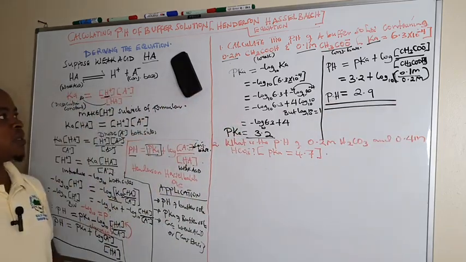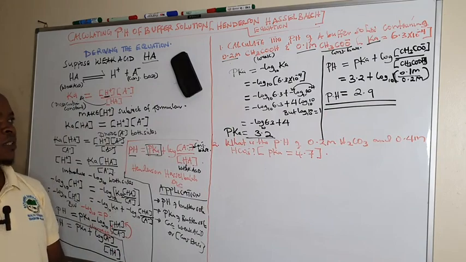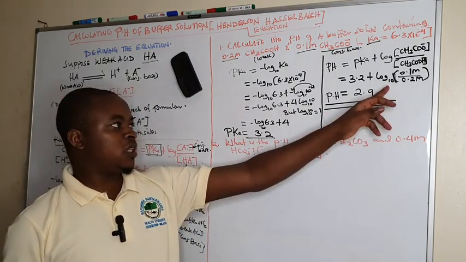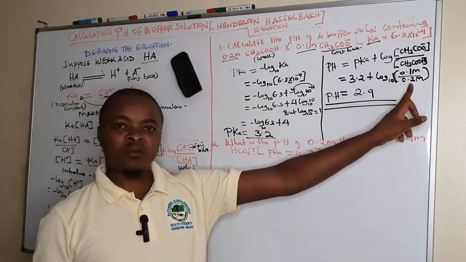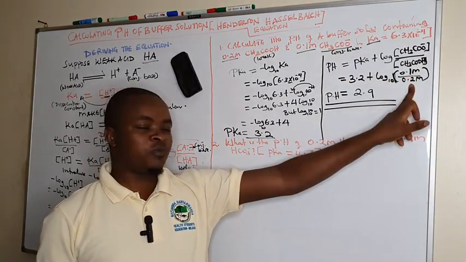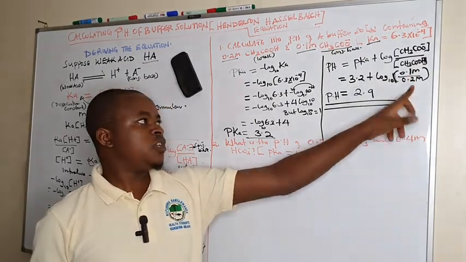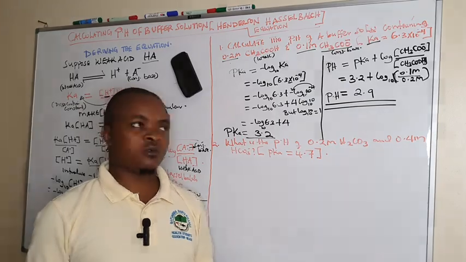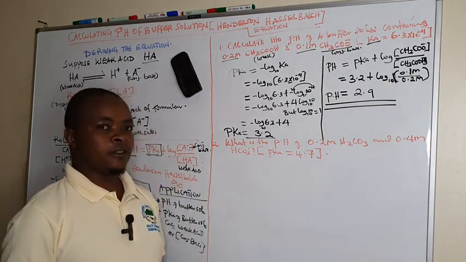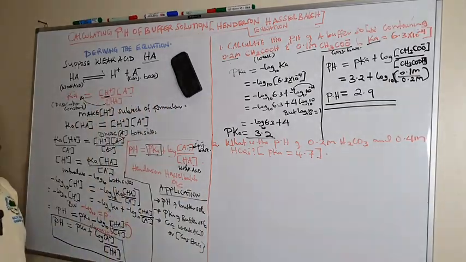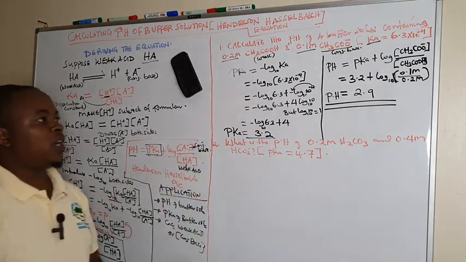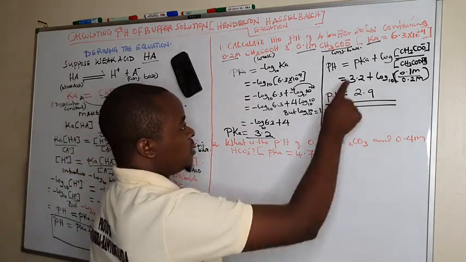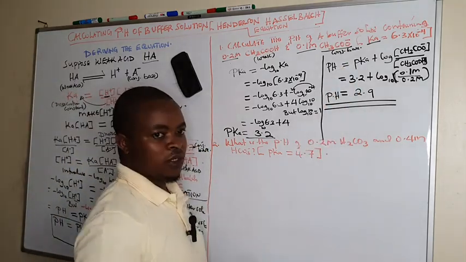So the pH of this buffer solution is 2.9, where you take log of 0.1 divided by 0.2, then add 3.2, and you get 2.9. So that is the pH of this buffer solution, where we have used the Henderson Hasselbalch equation.